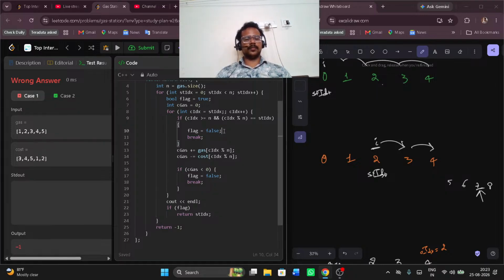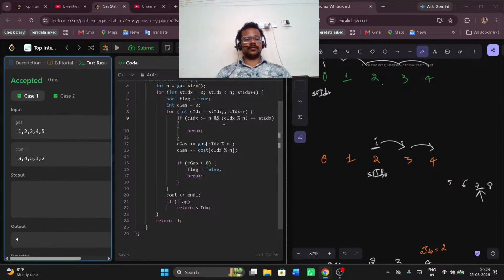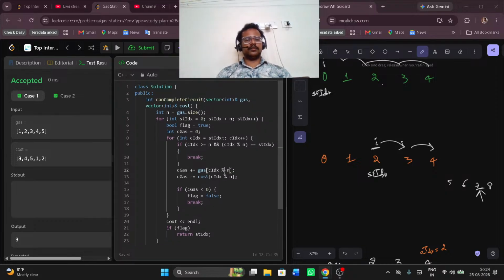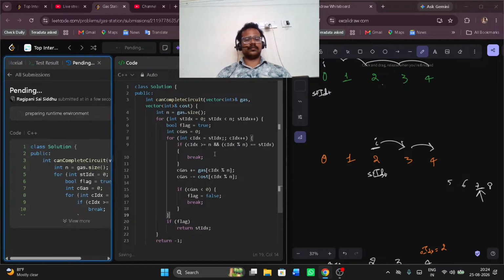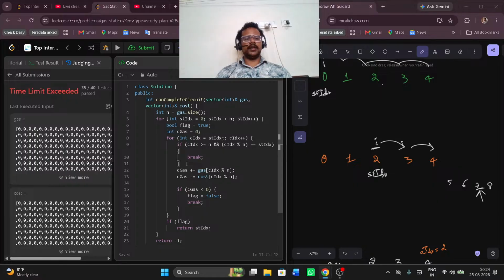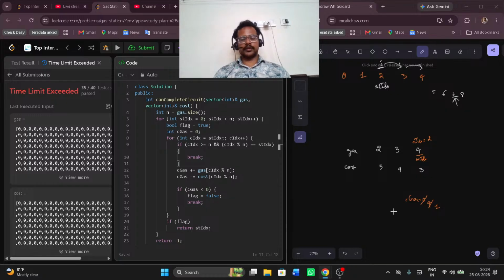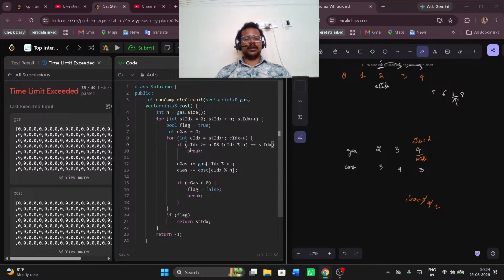Now I think yeah, that's it. Where is this print here? There might be a TLE. Yeah, that's what we are thinking about. Okay, I think you got it, but I'm thinking how can we reduce it further?